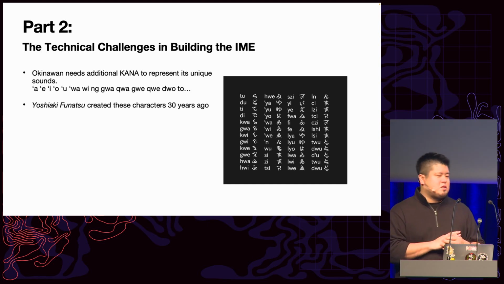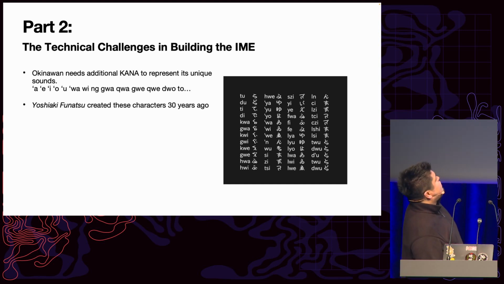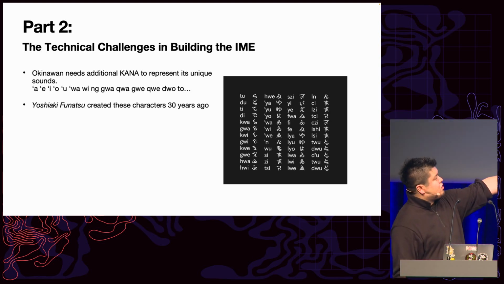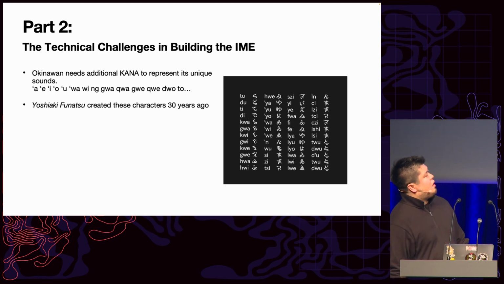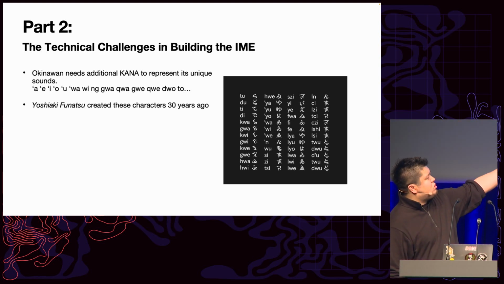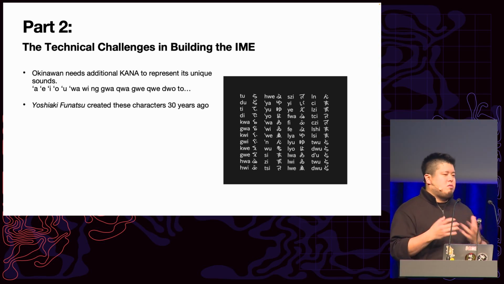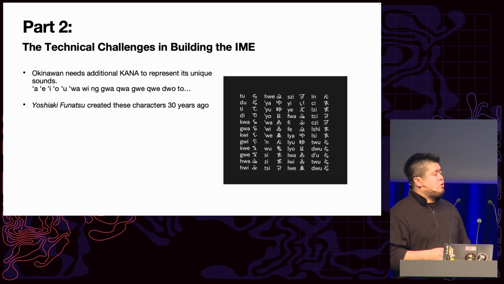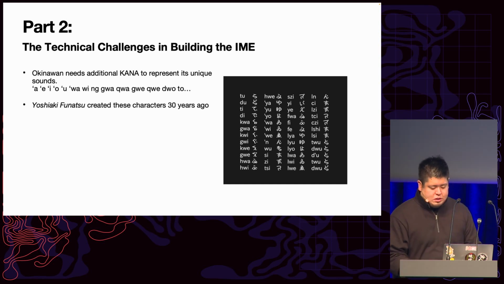About 30 years ago, there was somebody who thought the same, Funatsu Yoshiaki. He created those 30 different characters. That's on the right-hand side. So sounds like kwa, as I said, tu, du. These sounds don't necessarily exist in the Japanese language, but we have them in the Okinawan language.